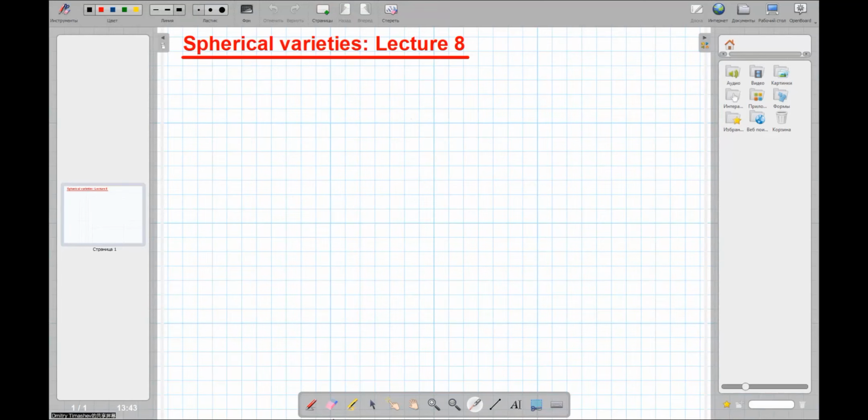So recall that at the end of the previous lecture, we were considering a line bundle on a normal variety X, a line bundle which is determined by a Cartier divisor delta, and we have considered a finite dimensional subspace M in the space of global sections of this line bundle L.